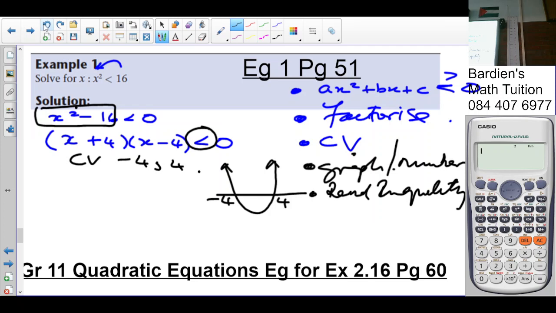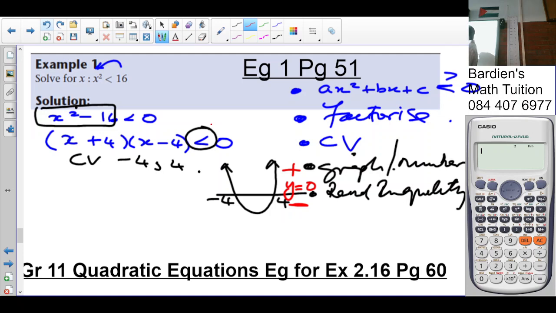Okay. So if you look at this graph here, this is the y is equal to 0 line, not so? That is your x-axis. If something is above the x-axis, we say it is positive. As you can see, the y values are positive there. If it's below, it is negative.